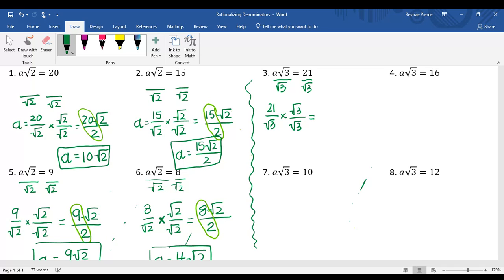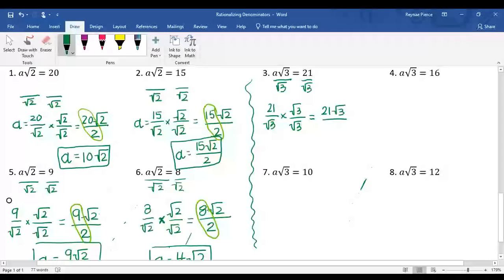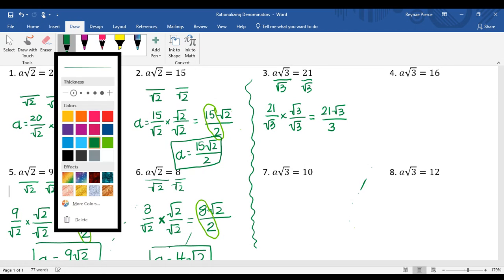In my numerator, I have 21 times the square root of 3. Remember in the denominator, when we take the square root of 3 times the square root of 3, we're left with just 3.